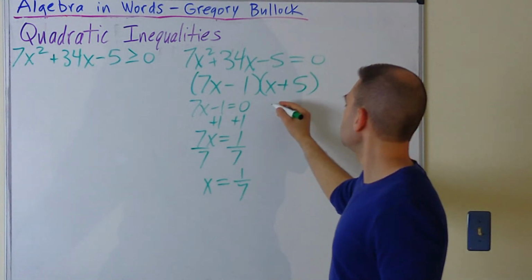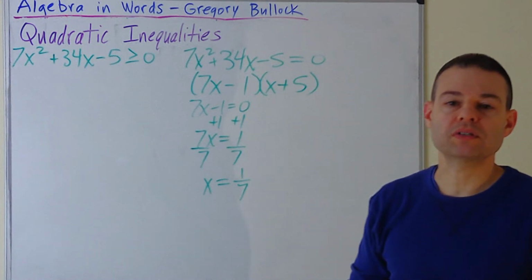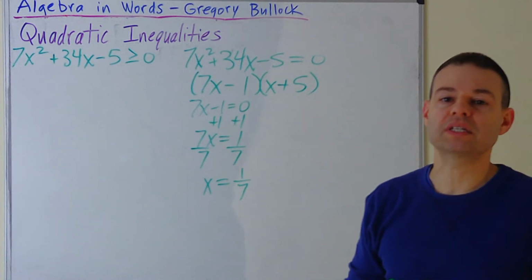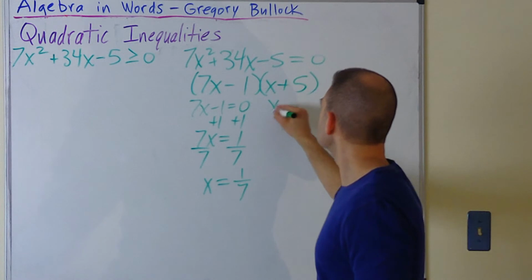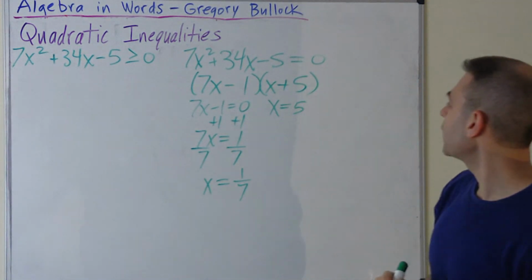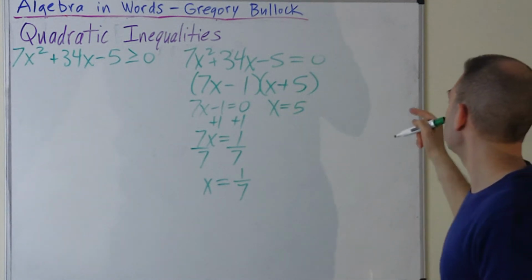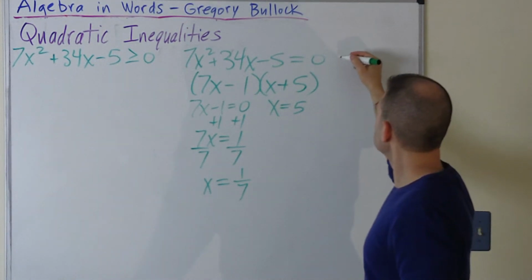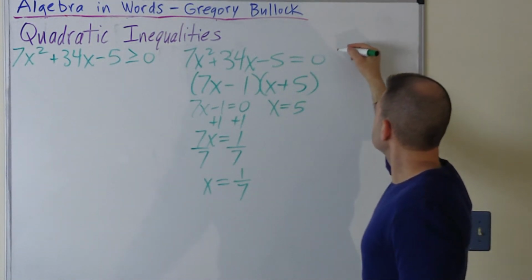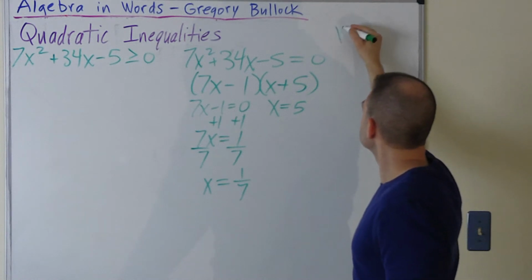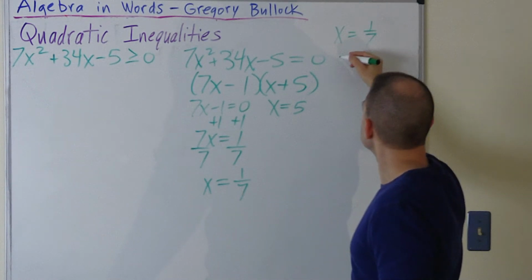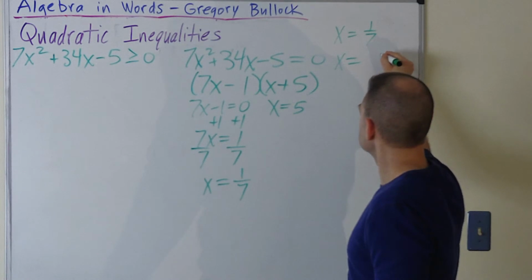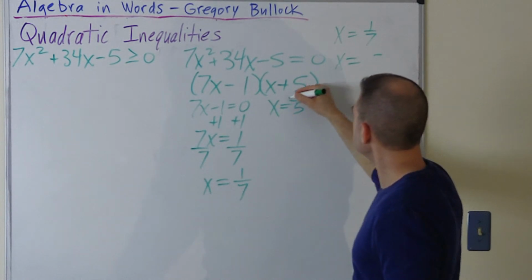And then for this one, if we set x plus 5 equal to 0 and solve, we get x equals negative 5. Okay, so I'm just going to write them up here for now. That should be negative.